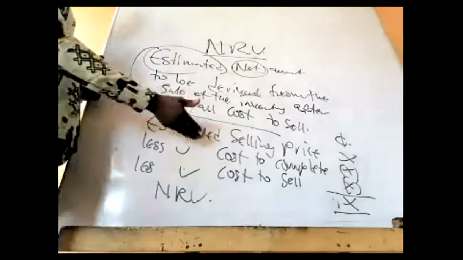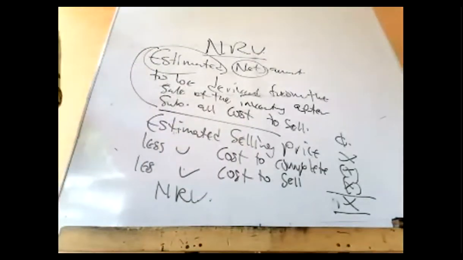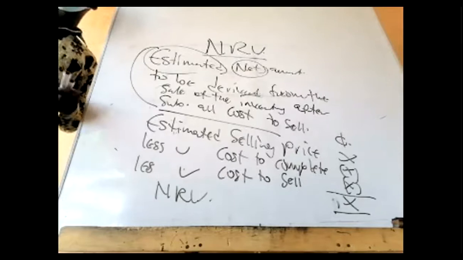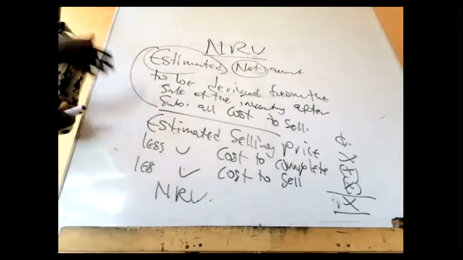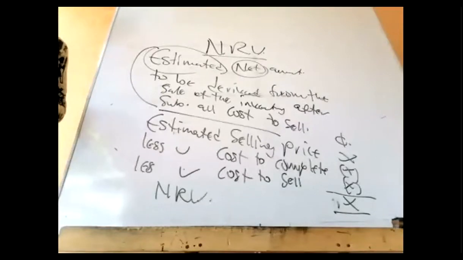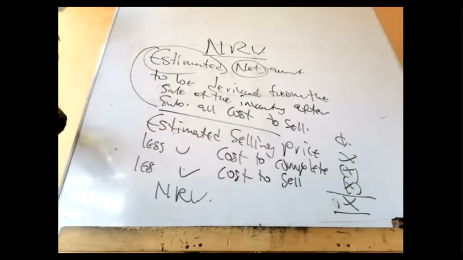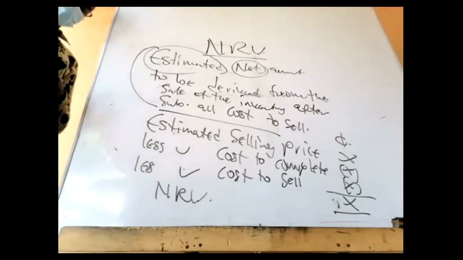Now, what is estimated selling price? This is the amount that you expect to sell your goods for if you sell them today. Good. It's net of all discounts, maybe selling discounts.